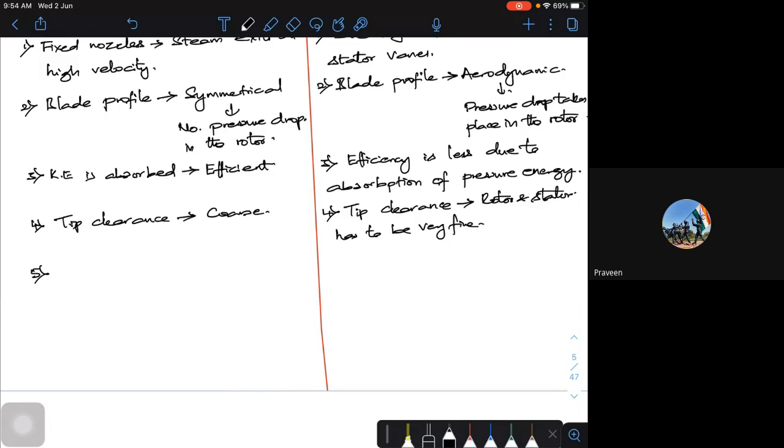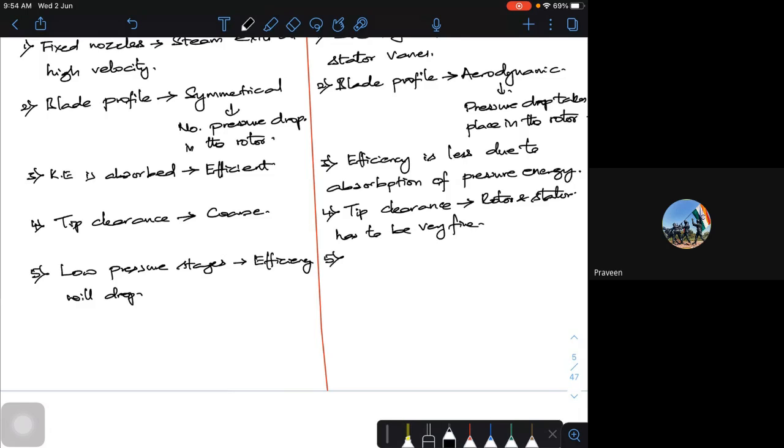Maybe the last one: the low pressure stages. As the steam flows from high pressure to low pressure, in the last stages the efficiency will drop.